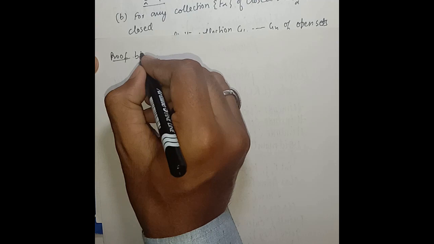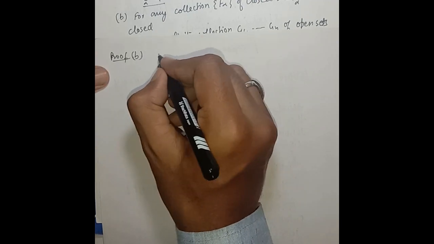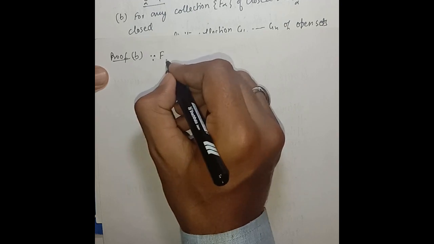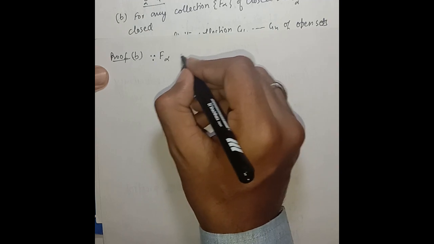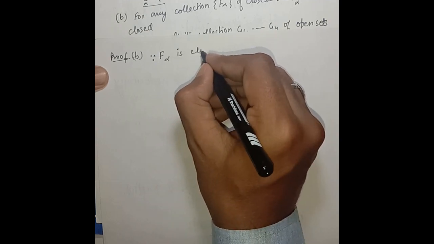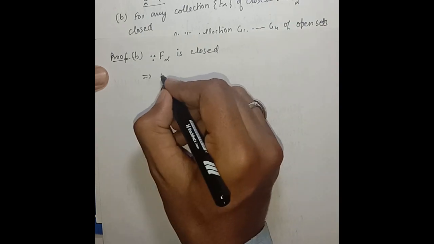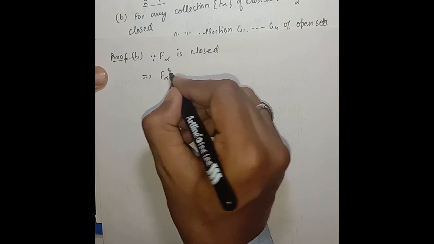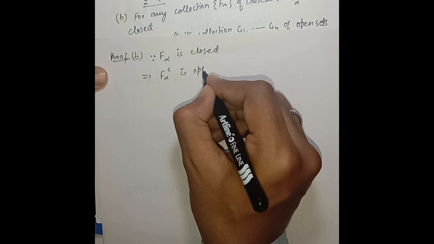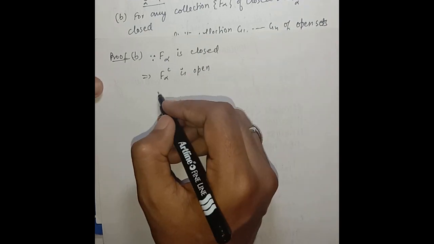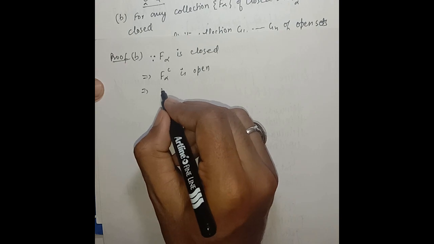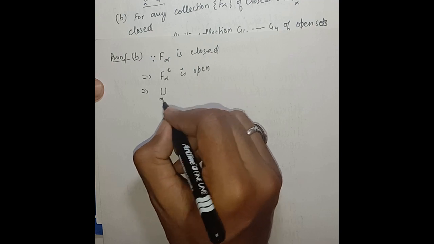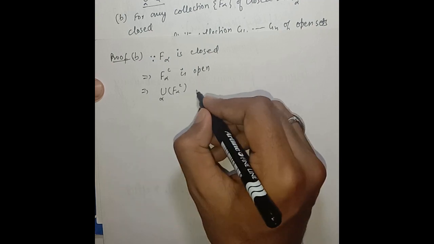Proof of B. Since F alpha is closed, by theorem number 4 we can say that the complement of F alpha is open. This implies the union of open sets is open.